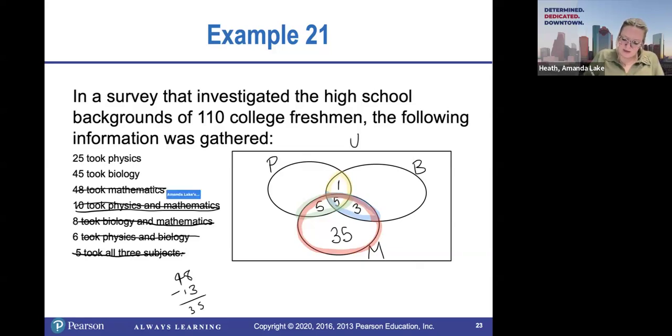45 total took biology. So if I look at the set I have there, that is going to have 45 total in it. So 1, 5, 3, 9 students are already accounted for. So that means that there are going to be 36 in the biology section that we haven't counted for yet.